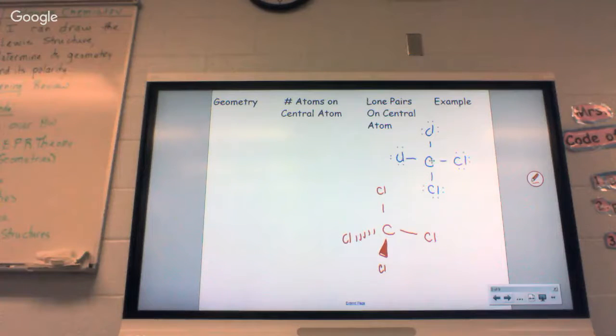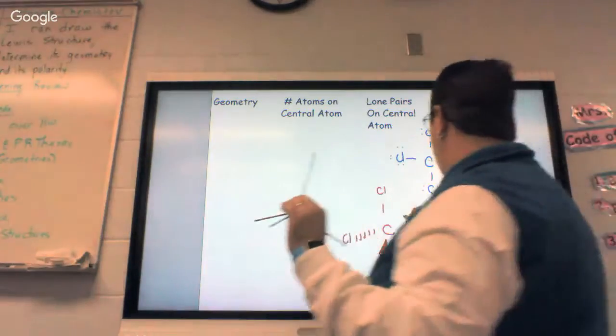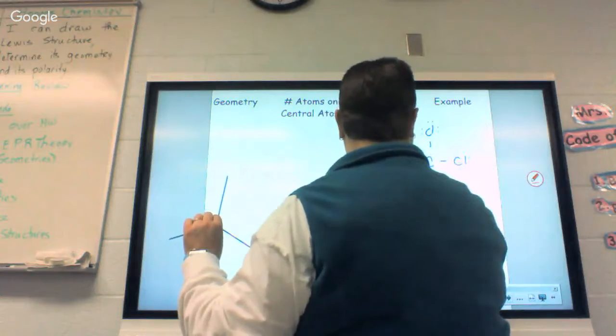That one is not flat. And then you have one that's going to stick out the back side of it. Only the blue ones are flat in the plane of the board. This one sticks out in front, and this one sticks out in the back. Is this a 90-degree angle? No. This bond angle here is 109.5.